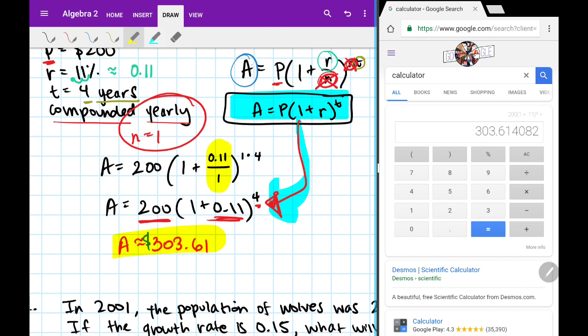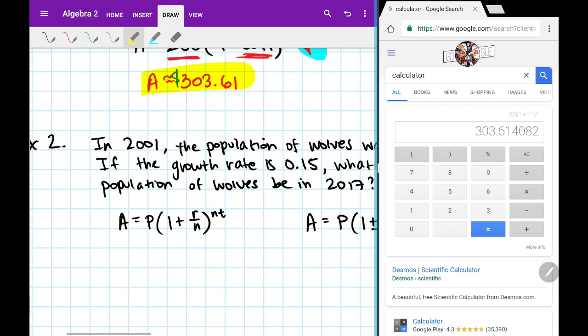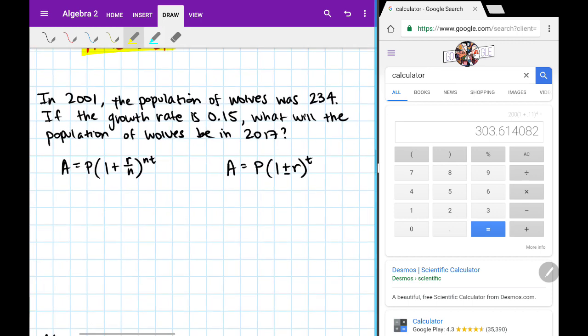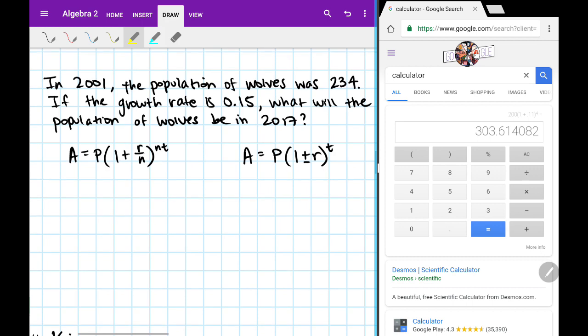Okay. Next problem from the notes is example 2. All right, example 2 says, in 2001, the population of wolves was 234. The growth rate is 0.15. What will the population be in 2017? So we're not being told what P is. We're not being told what R is explicitly.